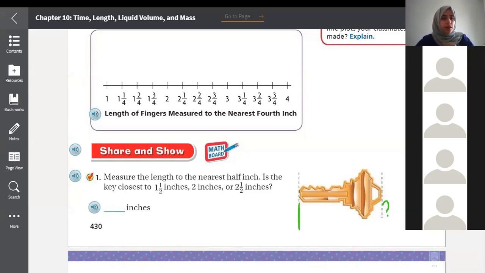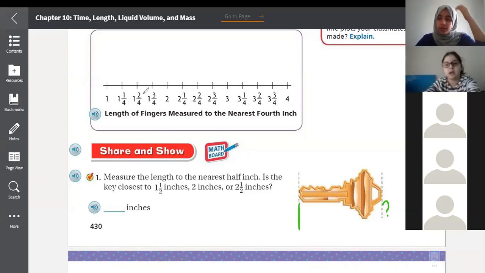Did anyone else measure it? Hadiya, did you measure the key? Do you have a ruler? Yeah, but it's broken. Does it start at 0? Look at your ruler. Do you have a 0? No. Okay, no worries.